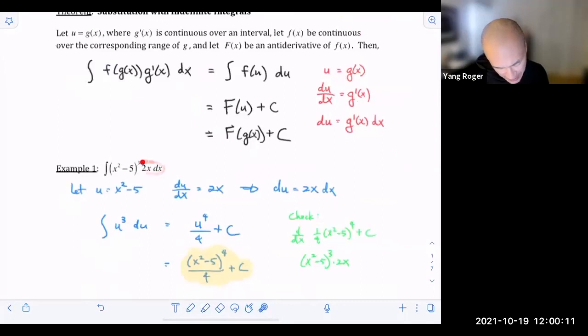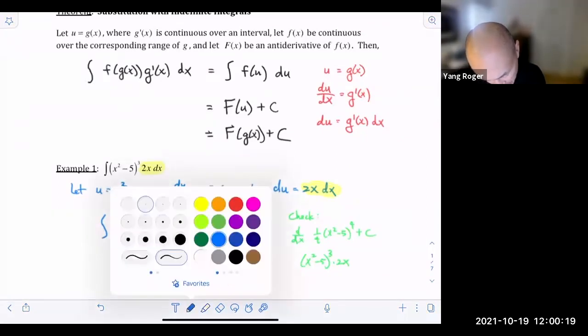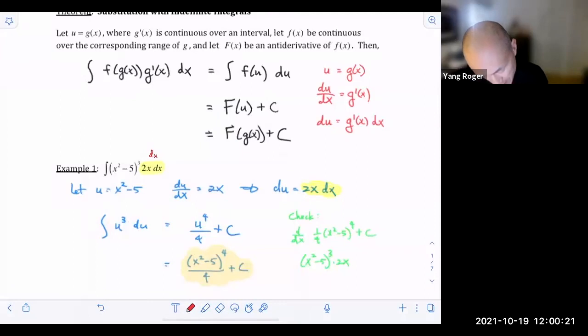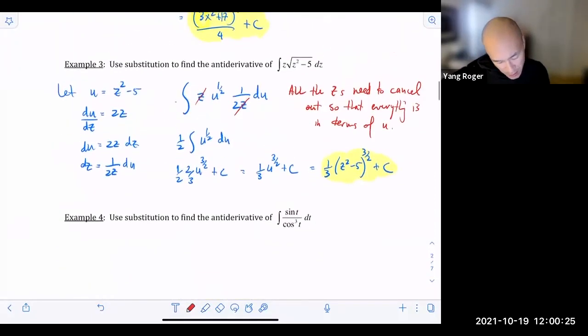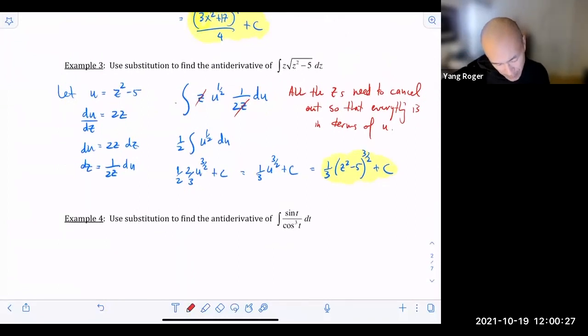I see the exact derivative, this 2x dx, sitting right there, so that allowed me to put in the du part right there. But in example 3, I just have a z here. I don't have a 2z. So what I did was I solved for dz. If you do it this way, you're going to be substituting in stuff that has z's in it, so I really wanted to emphasize that all the z's need to cancel out.